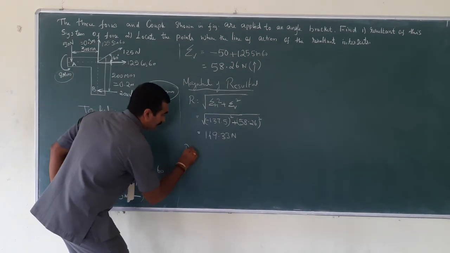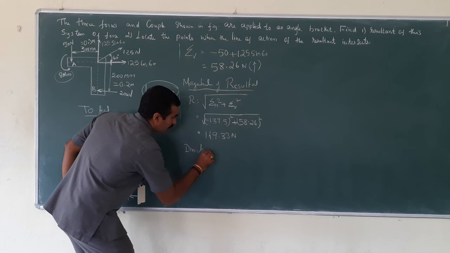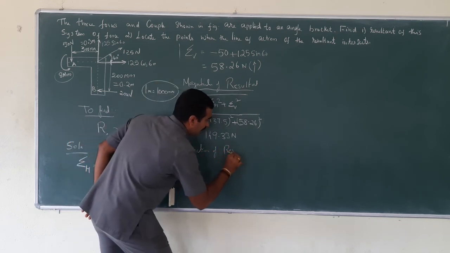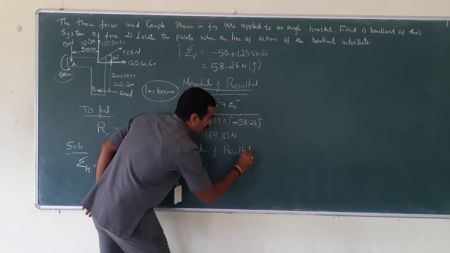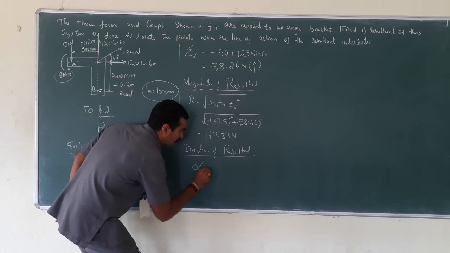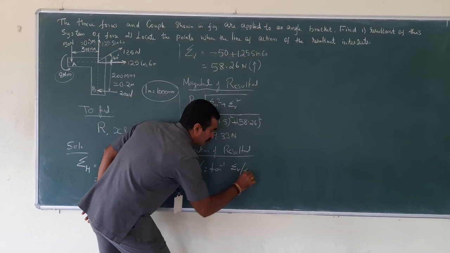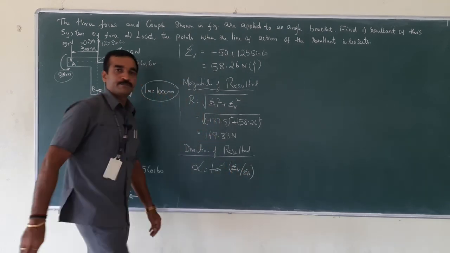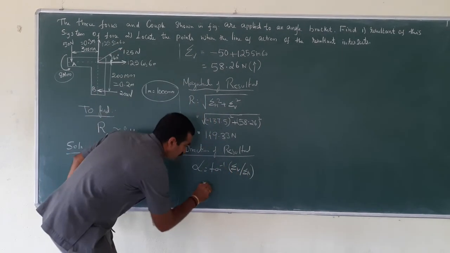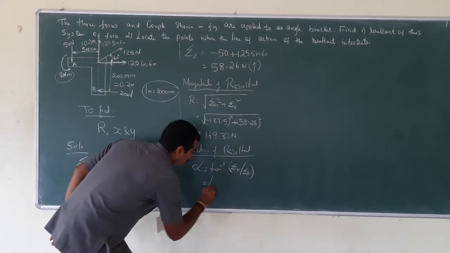Next, the direction. Direction of the resultant, which is nothing but alpha. The alpha formula is tan inverse of summation V by summation H. Now I am going to substitute those values.